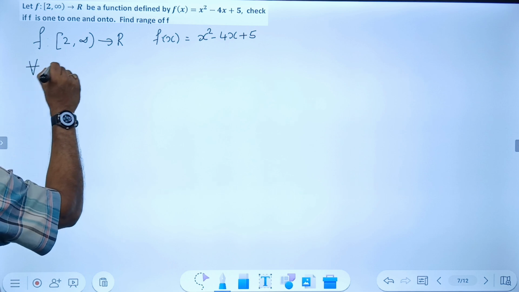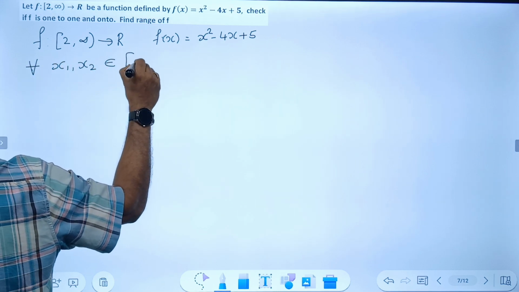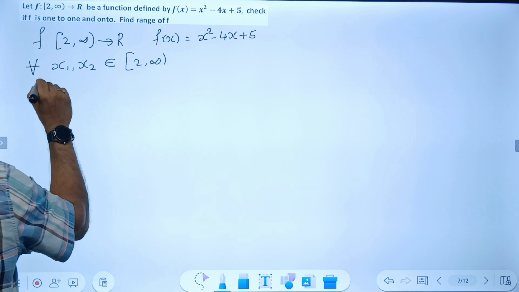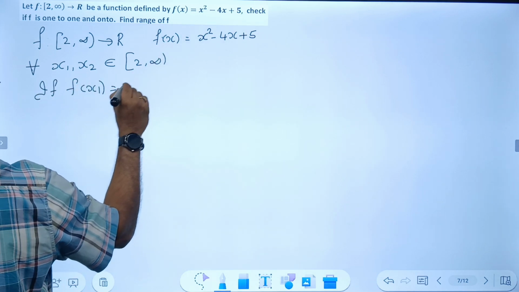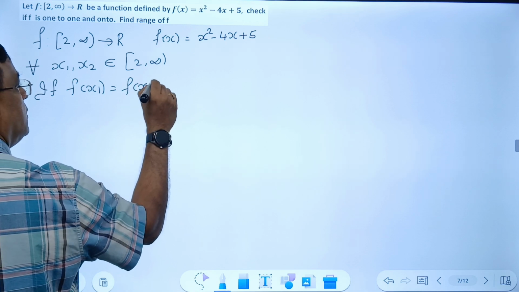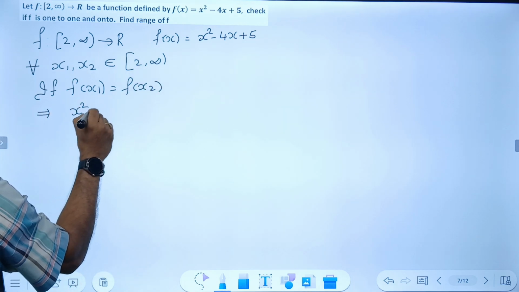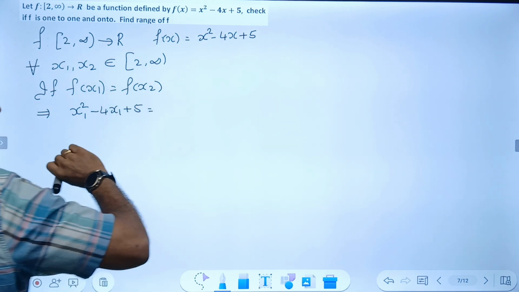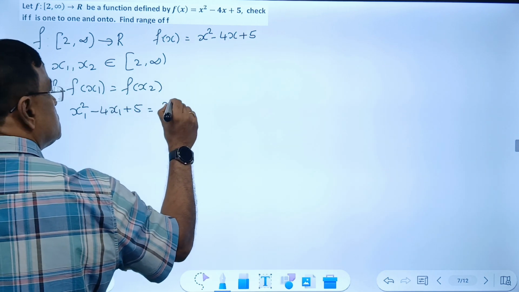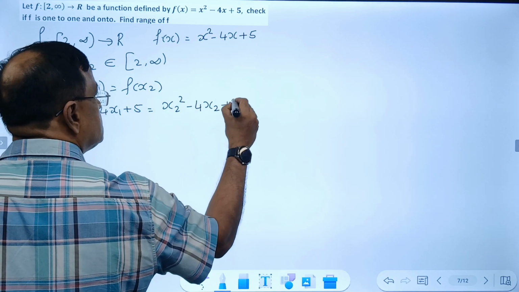For every x1 comma x2, same procedure for all problems. If f of x1 equal to f of x2, this implies what? x1 square minus 4x1 plus 5 equal to x2 square minus 4x2 plus 5.